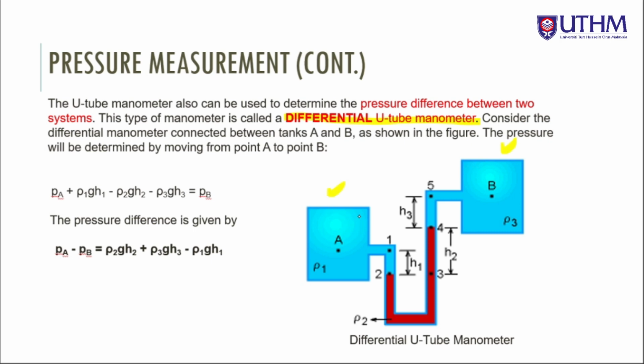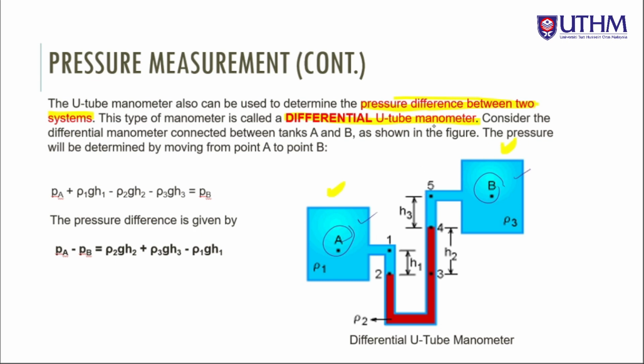Dua-dua is interrelated with different container. Okay, so this U-tube manometer is used to determine the pressure difference between two system. Okay, kita ada sistem dekat sini which is A, sistem kat sini B. So this differential U-tube manometer is used untuk kita kira the differences between pressure at A and pressure at B.